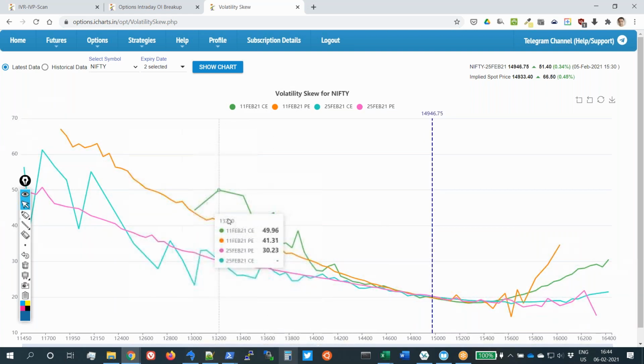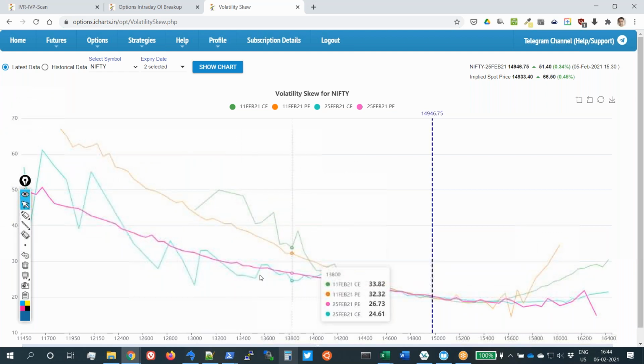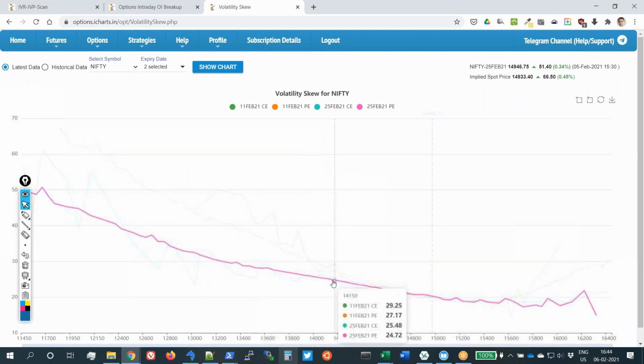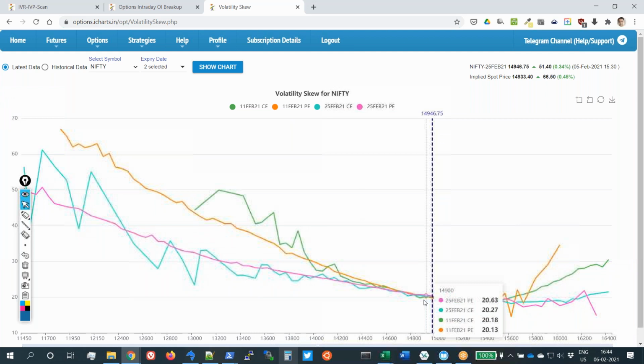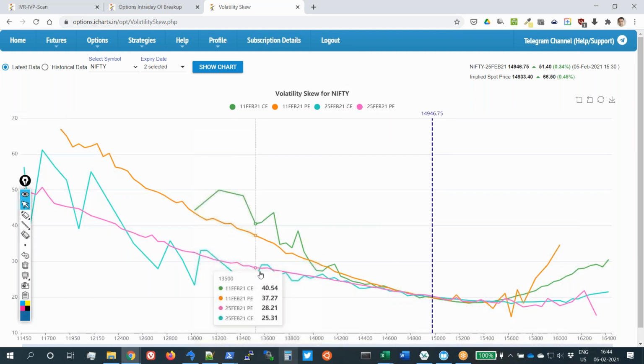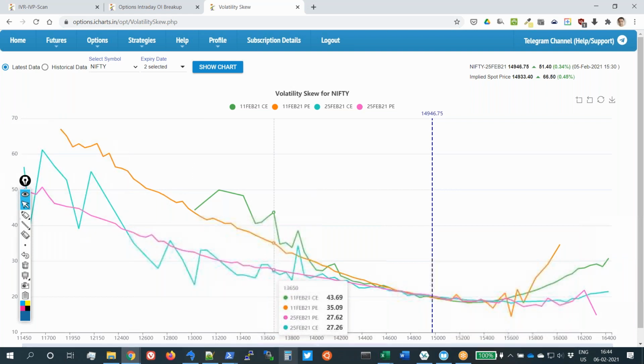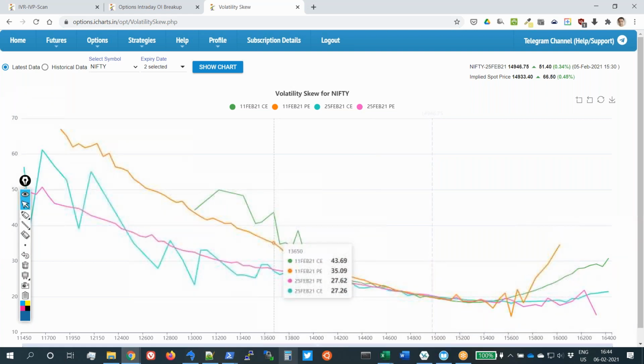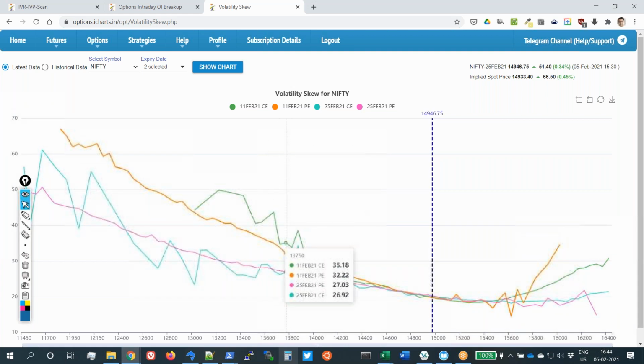So you would be shorting near the money and then buying out of the money, and again, you'd be buying further month or monthly options. And monthly options you would stick to near the money basically, and for the 11th Feb you would go for near expiry. You would be shorting slightly out of the money options.